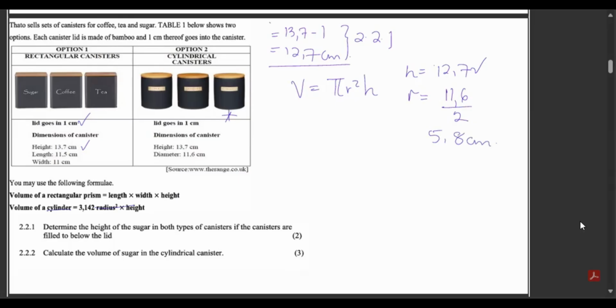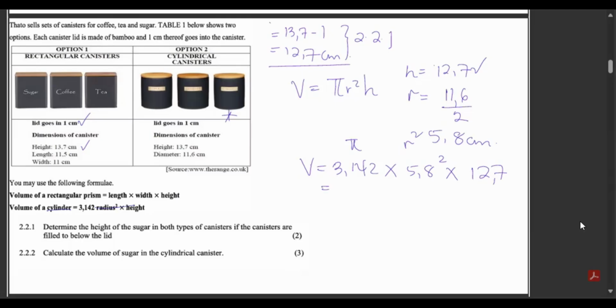These are centimeters. So now let's go and we substitute in. So our volume becomes 3,142, this was the pi, times 5,5 squared, which was r squared, times the height, which we've just seen as 12,7.